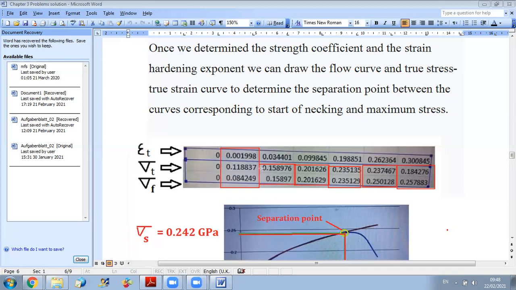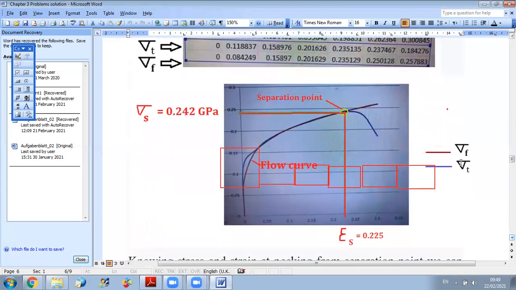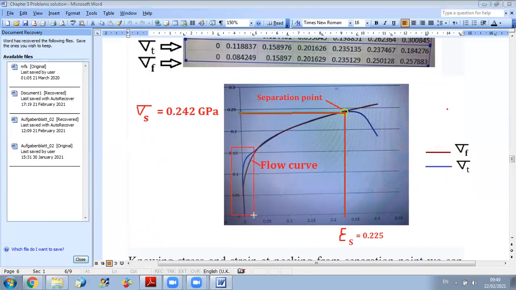Okay, so here you can see this effect also in the curves. When you draw the two curves, sigma true and sigma flow, on the same graph, you can find, for example, this is the elastic region. In the elastic region, you can see that it's not the same; the curves are different.